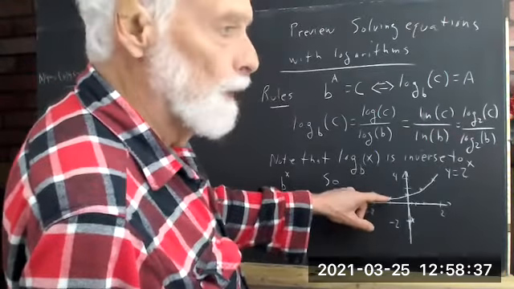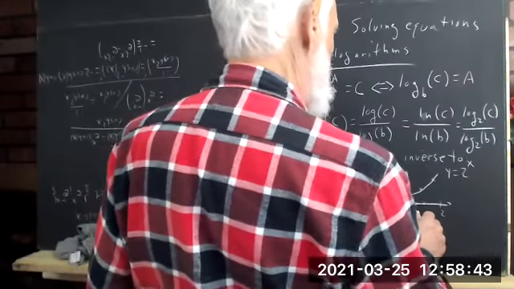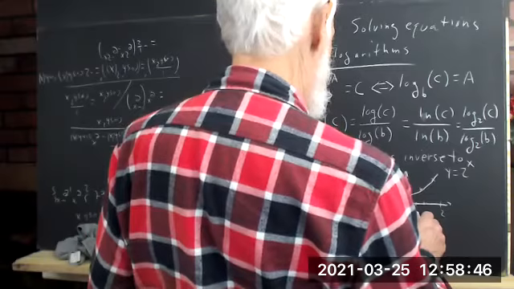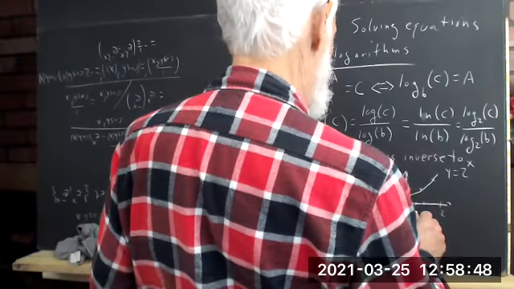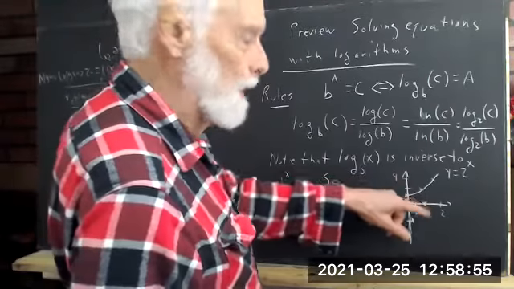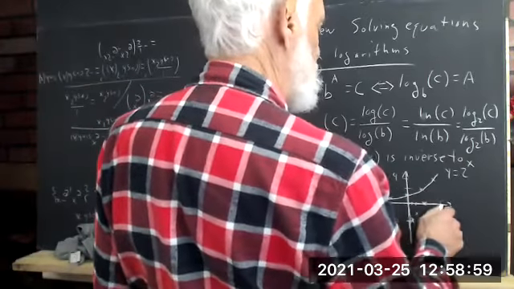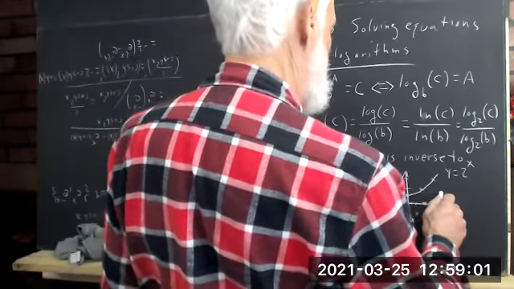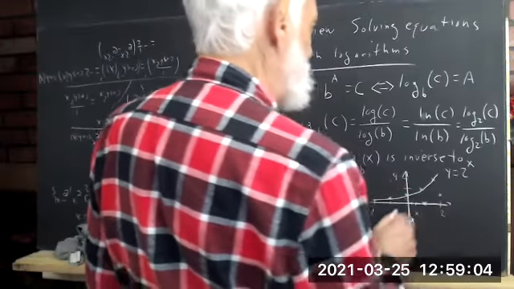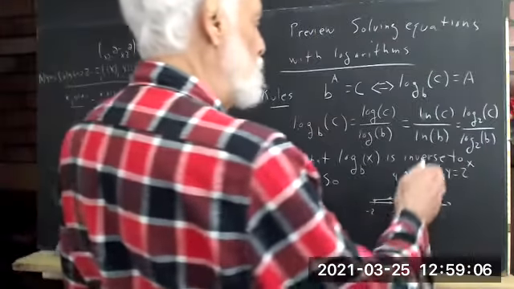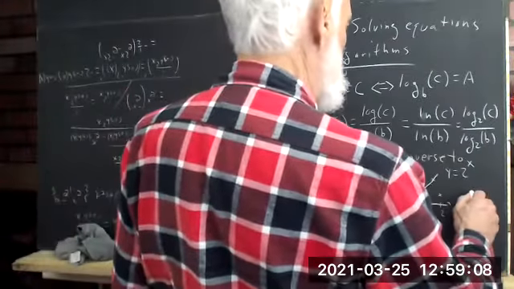If you invert the coordinates of this point, the point -1, 1/2, you get the point 1/2, -1. If you invert the coordinates of the y-intercept, you get the x-intercept. If you invert the coordinates of the point 1, 2, you get the point 2, 1. And if you invert the coordinates of the point 2, 4, you get the point 4, 2.